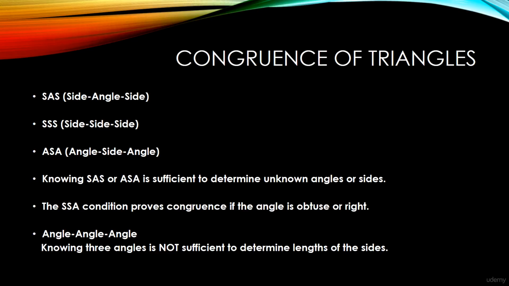So, knowing two sides and a non-included angle is not sufficient to calculate unknown sides and angles. AAA, angle angle angle, says nothing about the size of the two triangles and hence proves only similarity and not congruence. So knowing three angles is not sufficient to determine lengths of the sides.